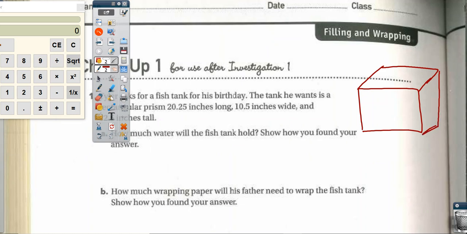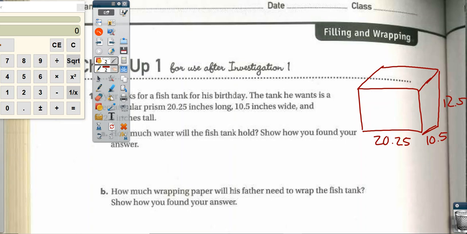So I know that it's 20.25 inches long, and then 10.5 inches wide, and then it is 12.5 inches tall. I'm going to write the 12.5 over here.